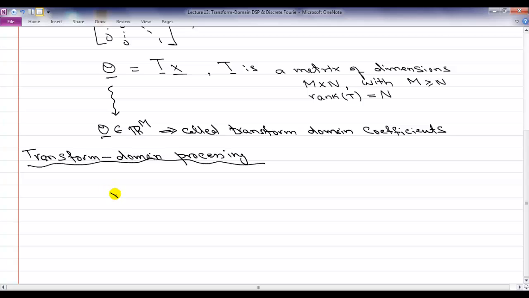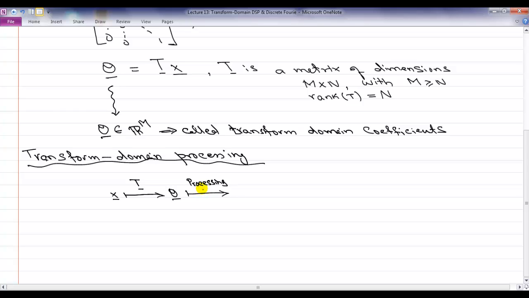So the typical transform domain processing has the following blocks. You start with x and you multiply that with the matrix T to get the transform domain coefficients theta. And then you do some sort of processing, which depends upon the end goal that you are after. You might be interested in reducing noise in your image, compressing your image, or some other aspect.